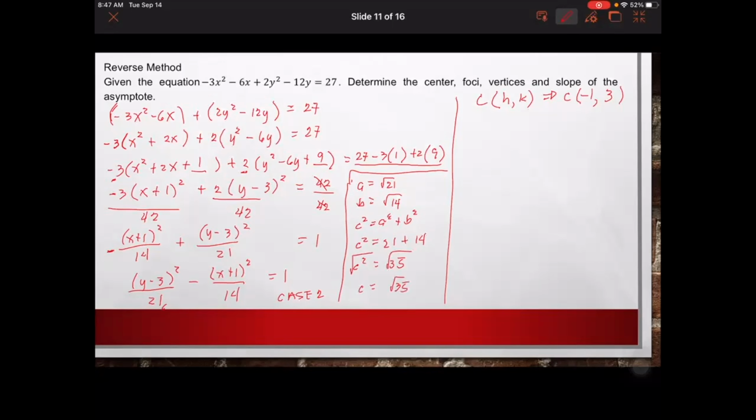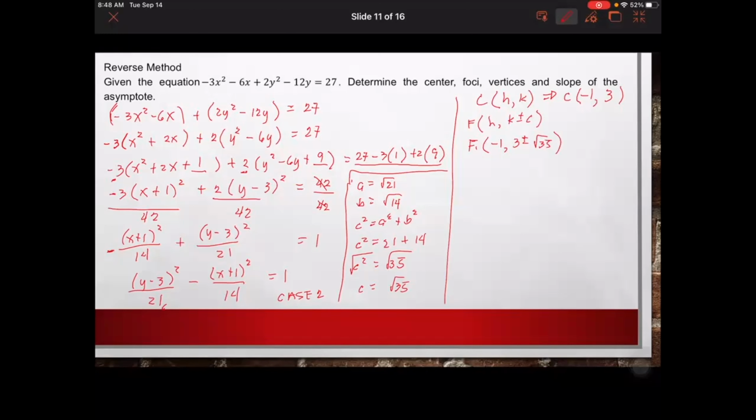Now, getting the foci, our formula is (h, k plus or minus c). No need to elaborate on how to get it. So we will have here F1: h is negative 1 and k is 3, plus and minus the square root of 35.